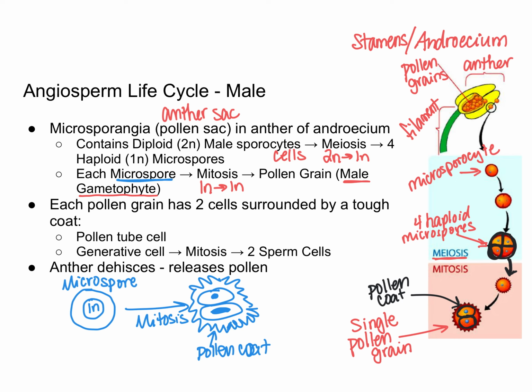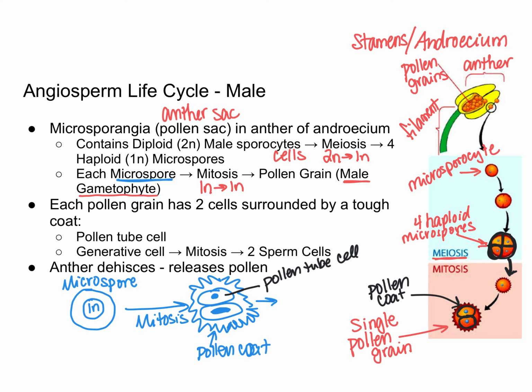In other pollen, it's smooth. It just depends on what species of plant it is. Now, one of these cells is a pollen tube cell, and the other one is a generative cell.